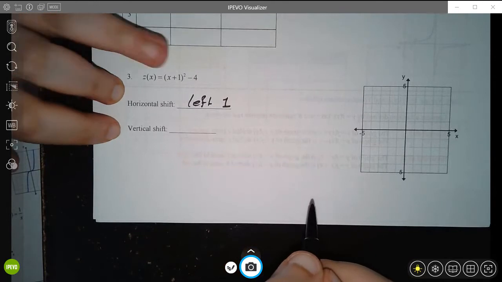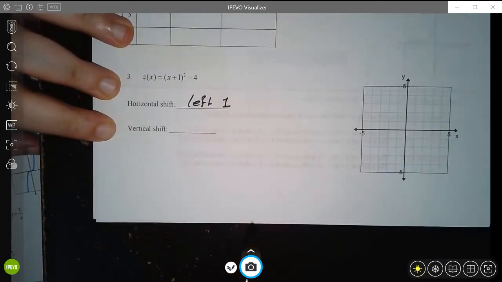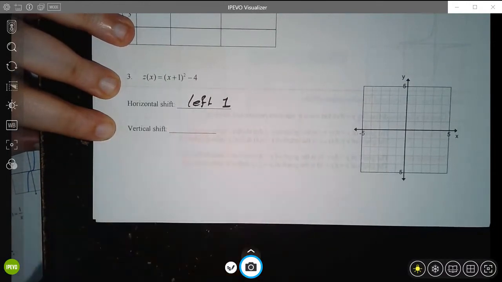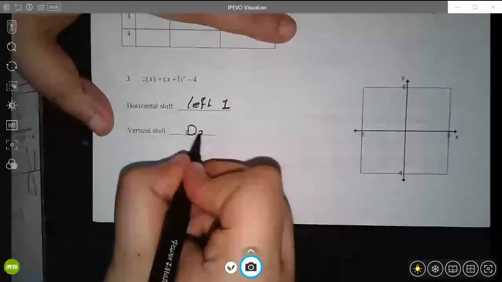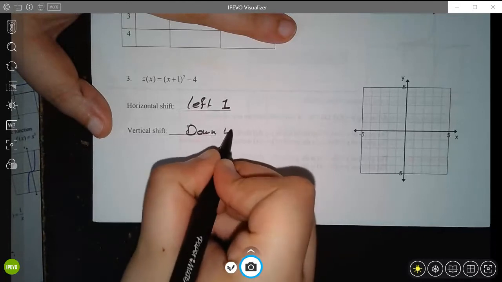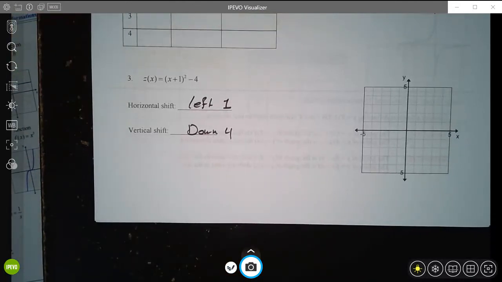And this one, vertical, is going to be up or down. Well, we have a negative. And remember, the vertical behaves exactly the way you expect it to. It's the horizontal that doesn't. Yes? So a negative means down. So this is going to move down by 4. But let's see it.